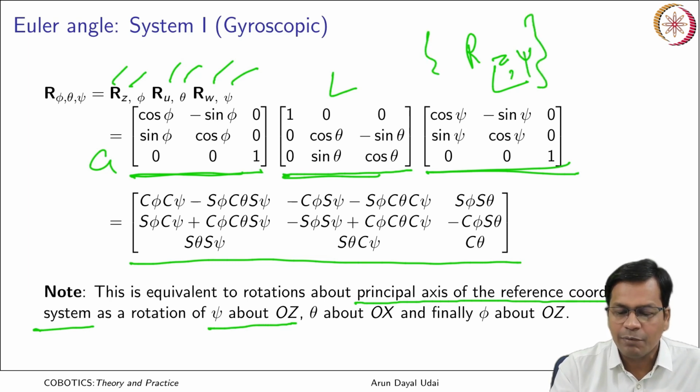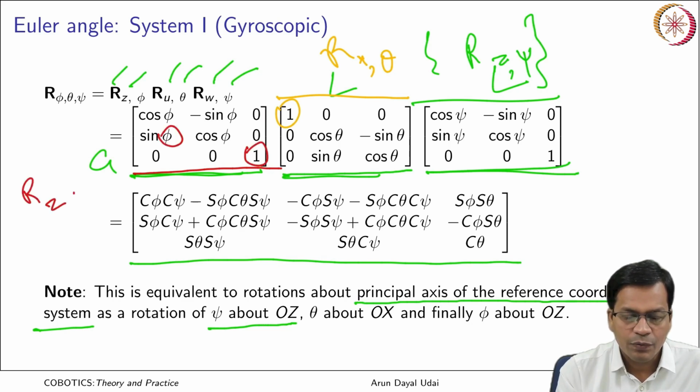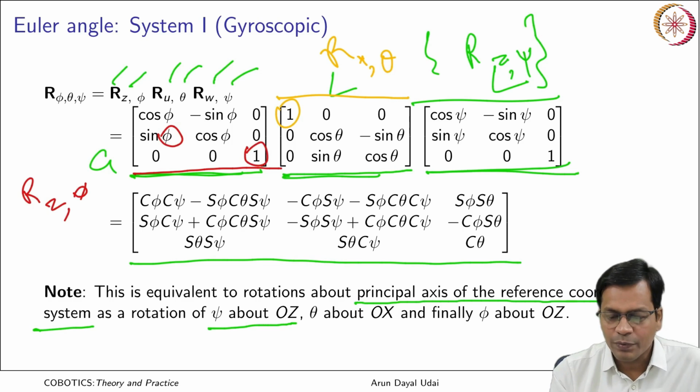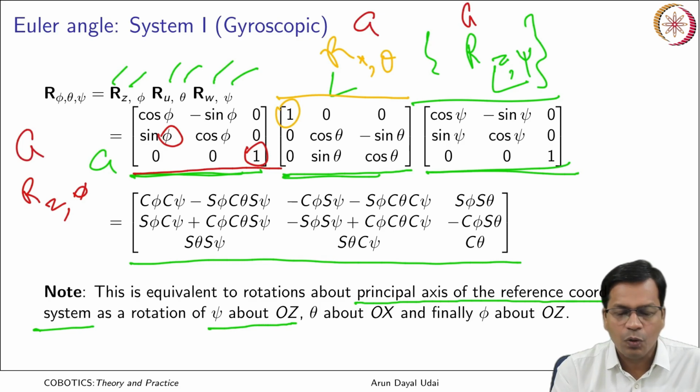This is exactly the same matrix. Next one is rotation about the x axis by an angle theta, and the third one is rotation about the z axis by an angle psi. So you see it is in reverse order: global, global and global.